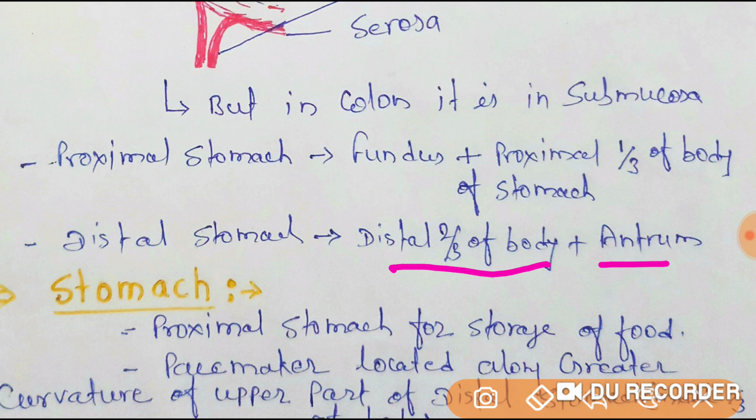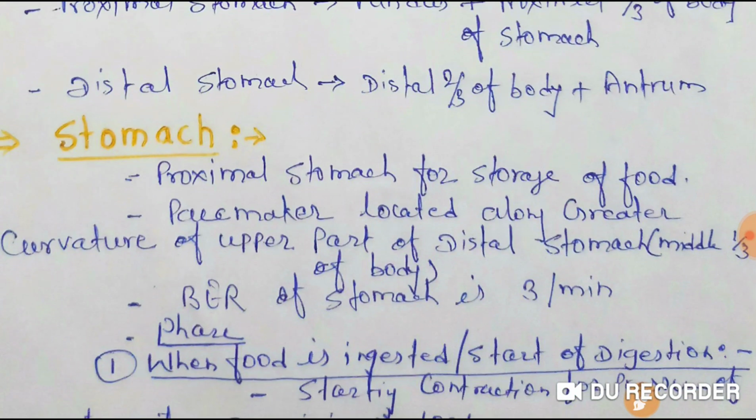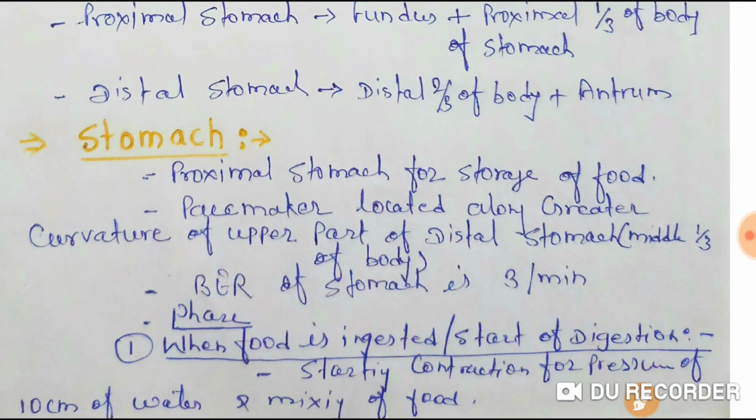This is the proximal stomach and distal stomach. The proximal stomach is for the storage of food, and the pacemaker is located along the greater curvature. You have to remember, greater curvature of the upper part of the distal stomach, that means the middle 1/3 of the body.